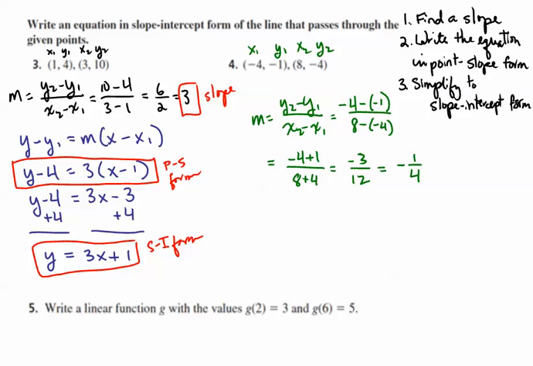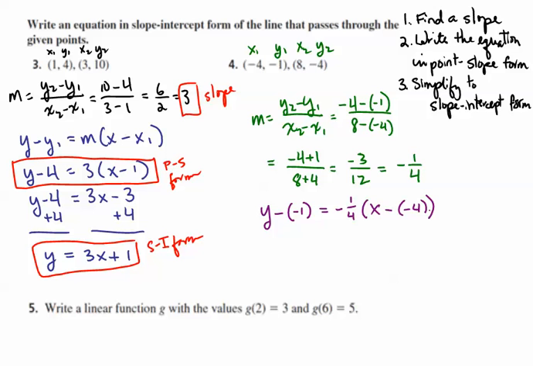From here, we're going to construct the point-slope form. So it doesn't matter which points I use. I'll use x1, y1 here. So y minus y1, in this case, y1 is negative 1, is equal to the slope, negative 1/4, times the quantity x minus x1, which is negative 4.